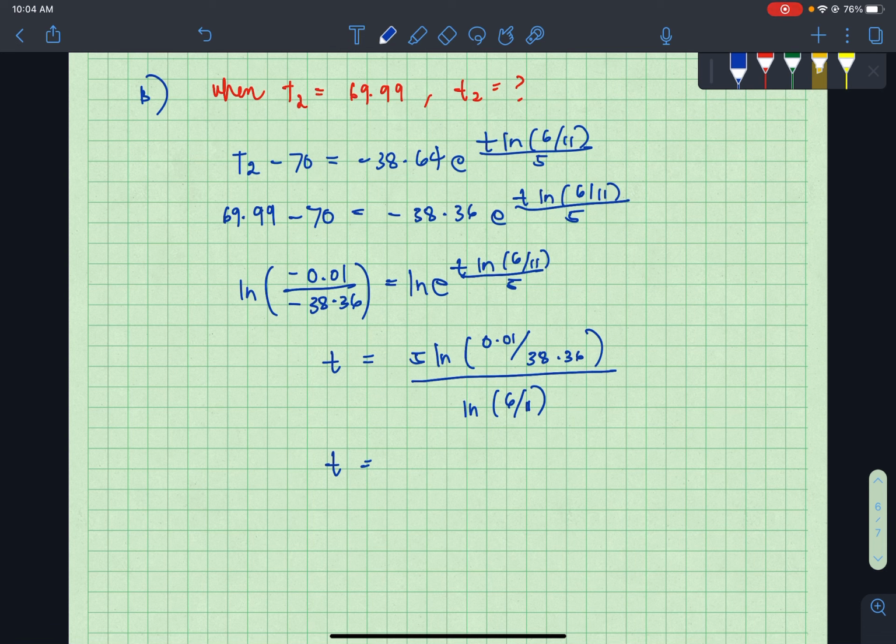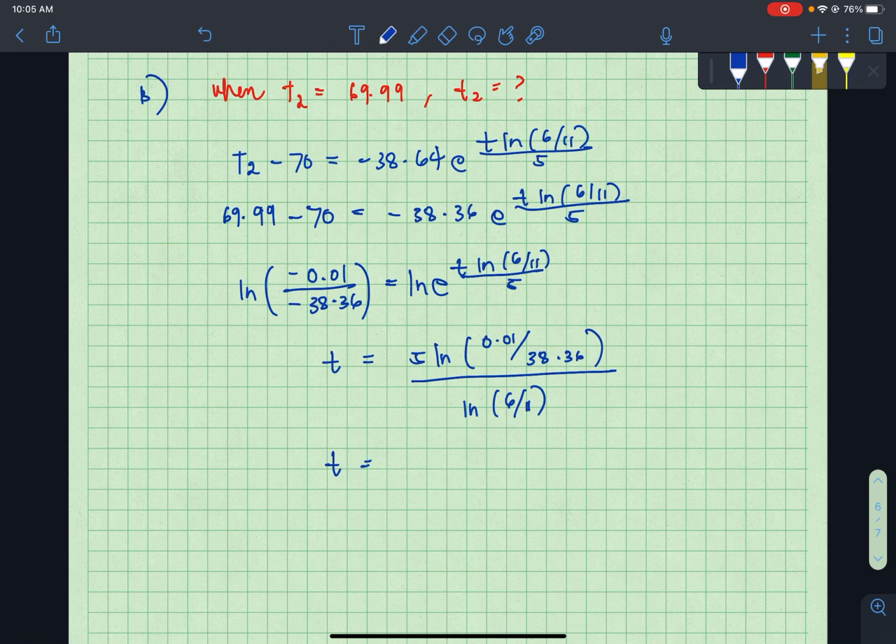So we have 5 ln of 0.01 divided by 38.36, and divide it by ln of 6 over 11.